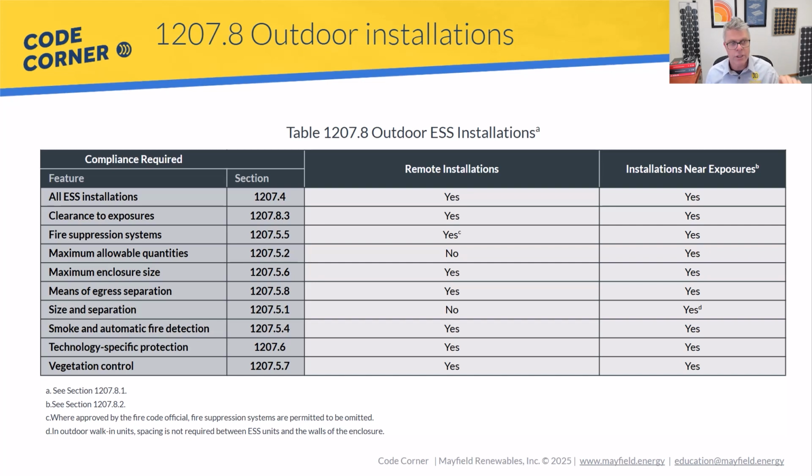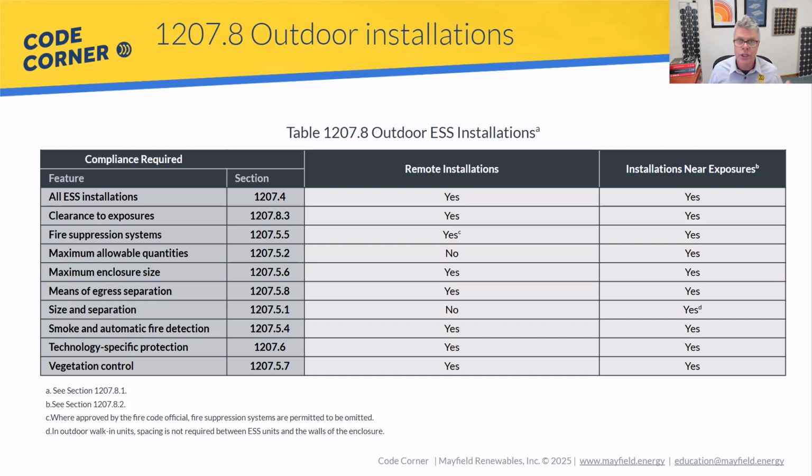Size and separation works the same way. Size and separation is shorthand for the size of our units, and the separation of those individual units from each other. If you've looked at this before, or watched our other videos, 50 kilowatt hours is the maximum size of a unit that you can use without showing additional testing.